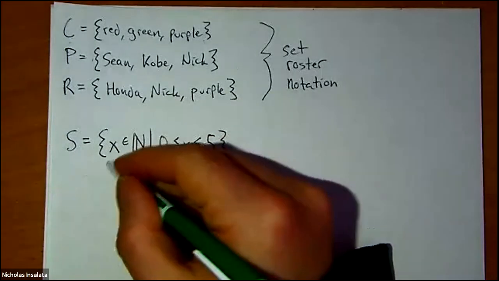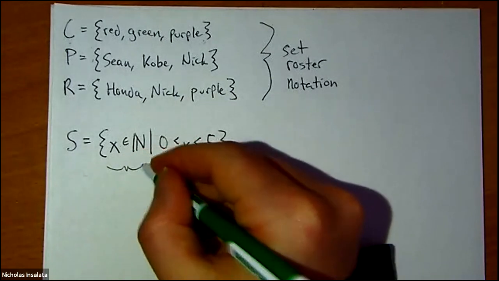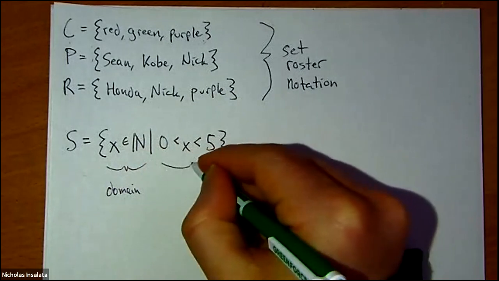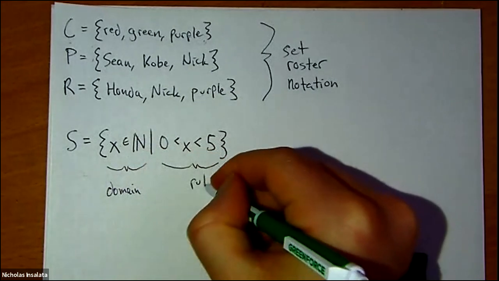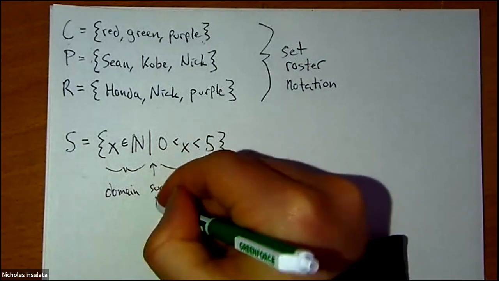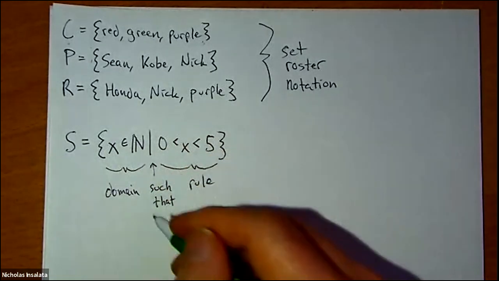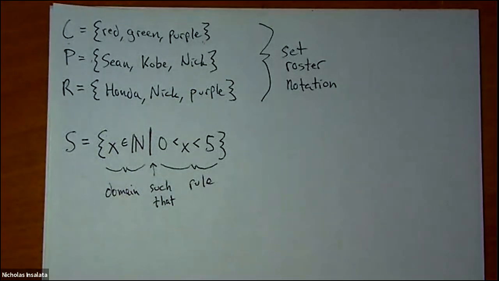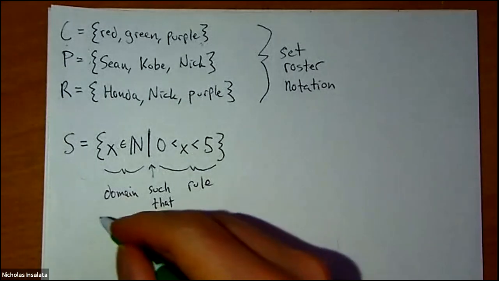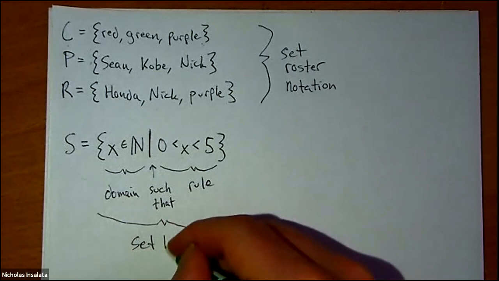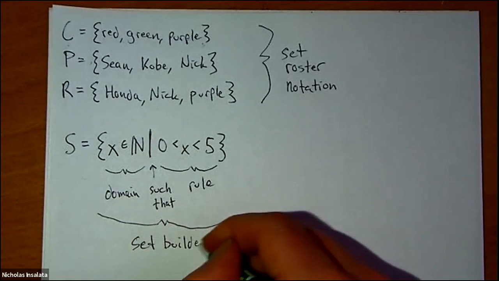And the way that it works is you have a domain and a rule and the such that symbol, which is the pipe. And this whole thing is called set builder notation.